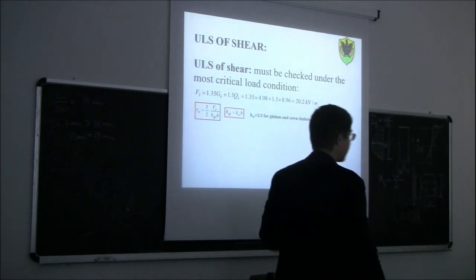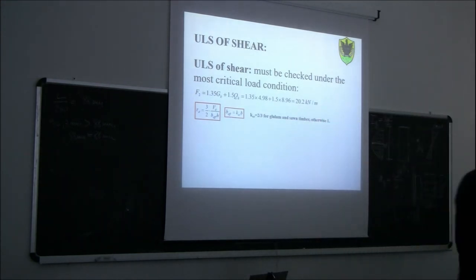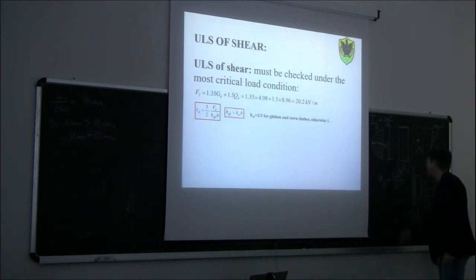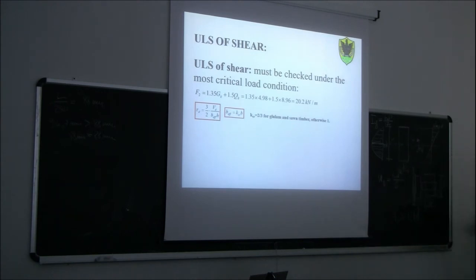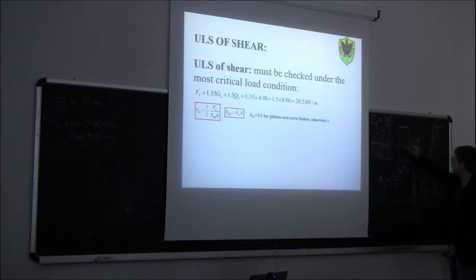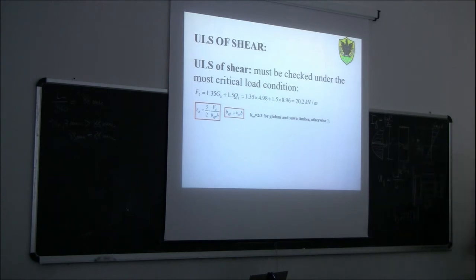So this B effective is a reduced width, taking into account that the glulam beam may have a crack, a crack that may actually increase the value of the shear stress here.